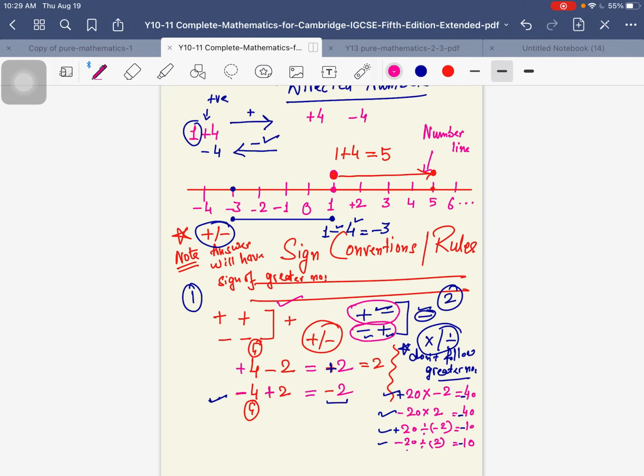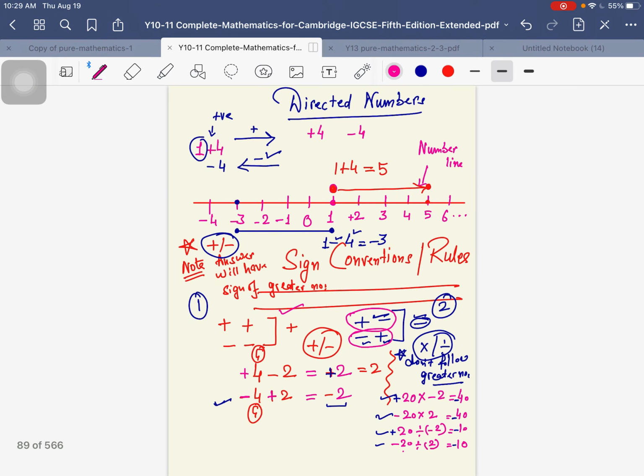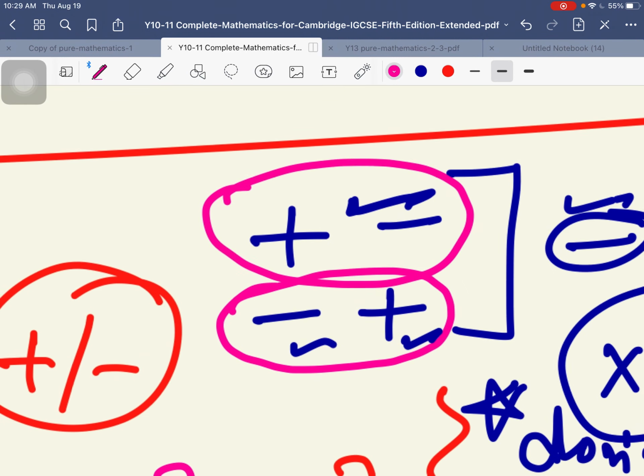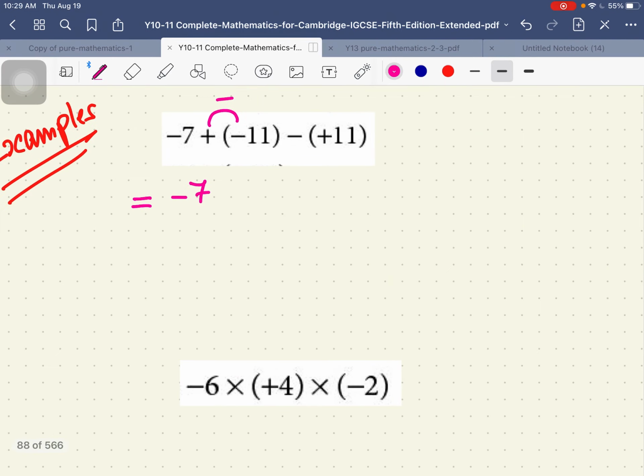Plus minus and minus plus is minus. So I try to open the bracket, expand the bracket, -7. When I open this bracket, plus minus is minus. I put the minus sign here, it becomes -11. Likewise, minus plus is minus, I put -11 here.